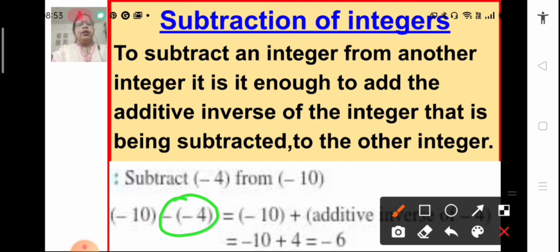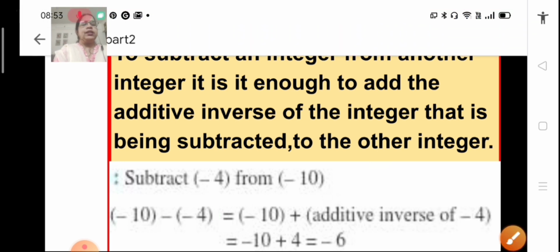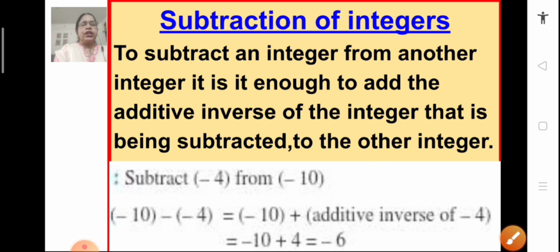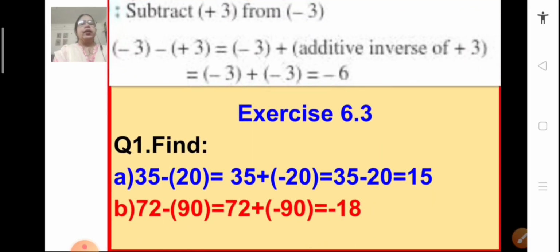So here we can do it as negative 10 plus the additive inverse of negative 4. So it is negative 10 plus 4, which gives us negative 6.